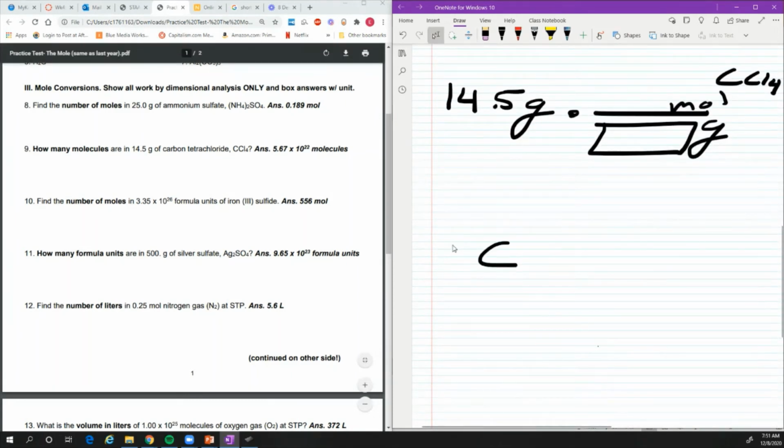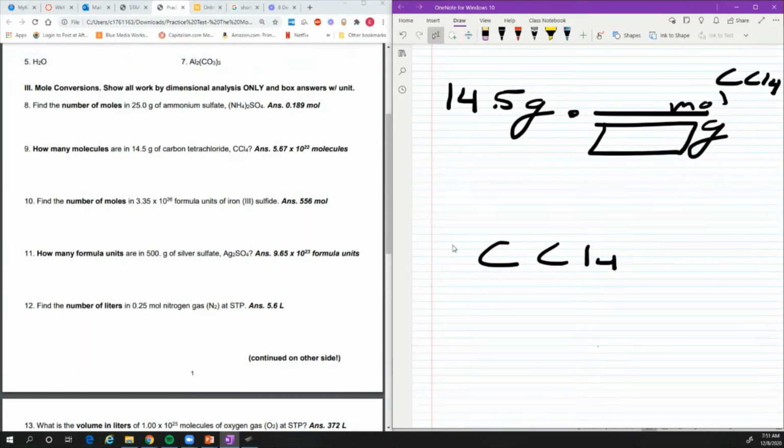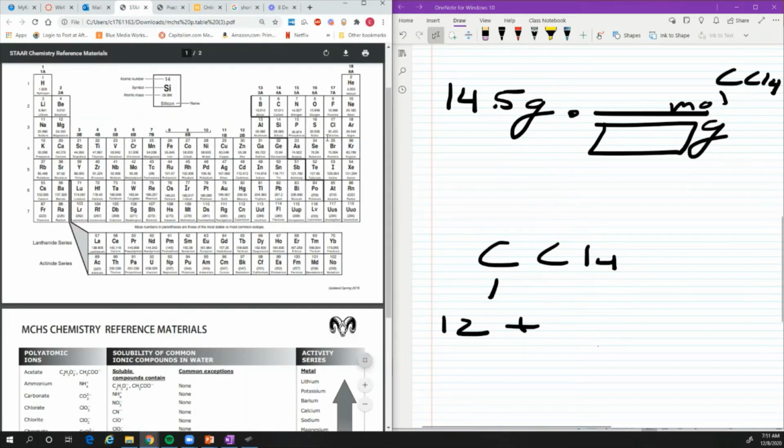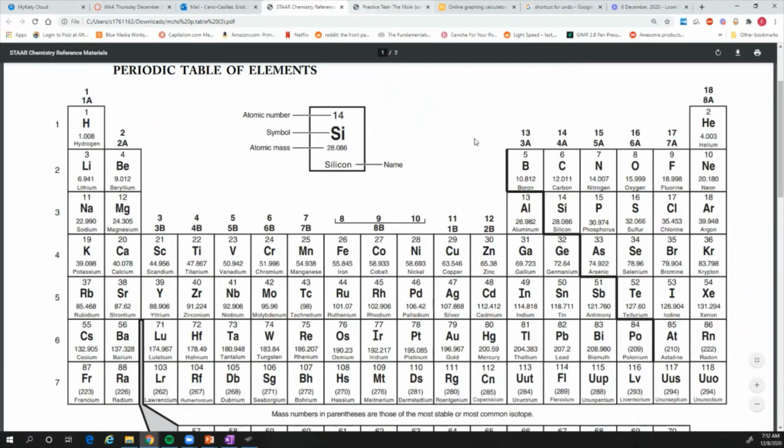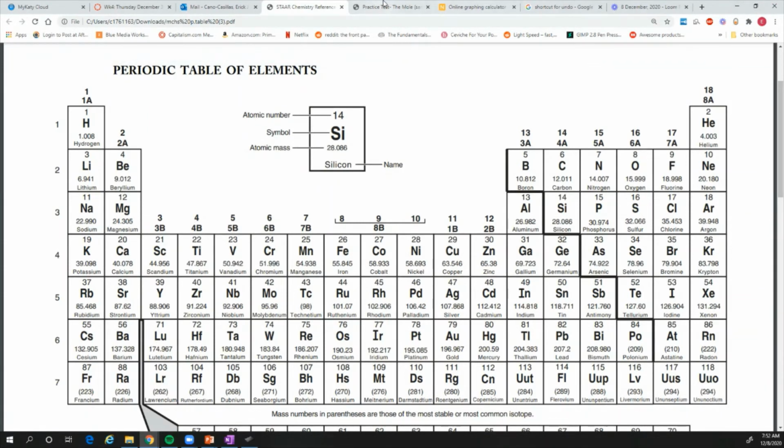So let's do it. CCl4, carbon is 12, plus Cl, which is, let me look that up. Cl is 35 or 36, I can't see, let me, 35.45, so that's basically just 35.